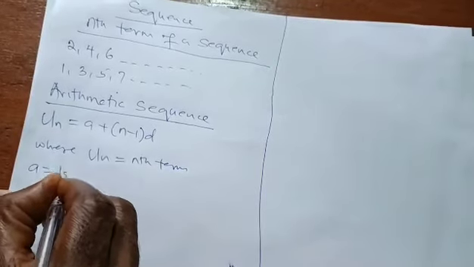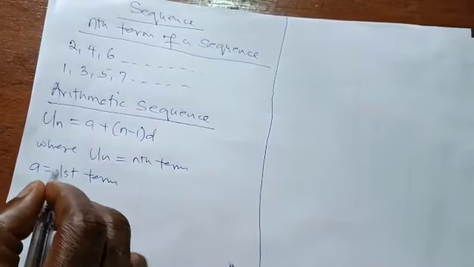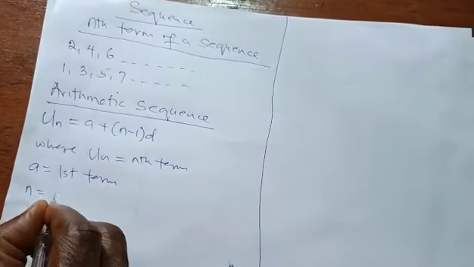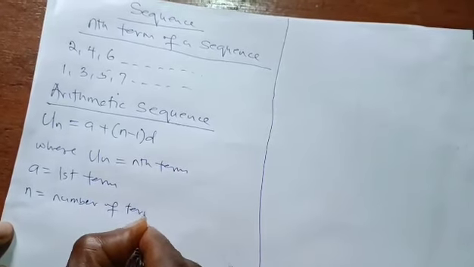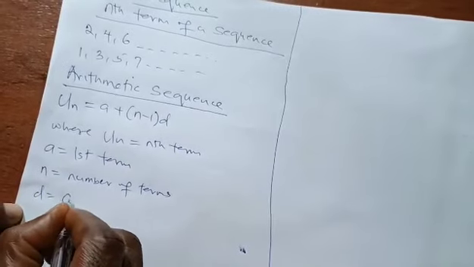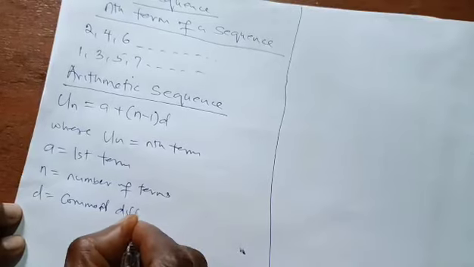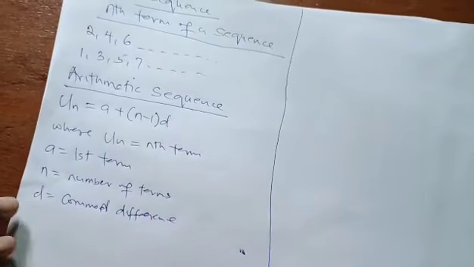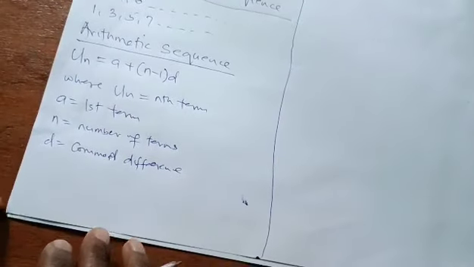A is your first term. N is your number of terms. And D is the common difference. You can ask, what is the meaning of all these terms I have written?